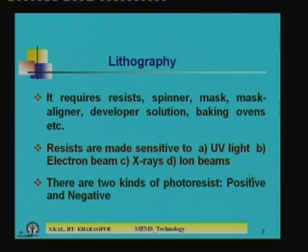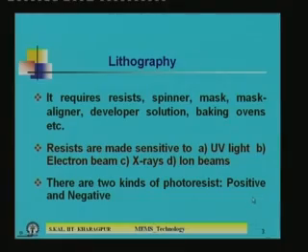But out of all these, the ultraviolet exposure source is very popular and UV lithography is used in most MEMS or VLSI processes. In very few cases, where we need high resolution and very small feature size, we go for X-ray lithography or ion beam lithography.